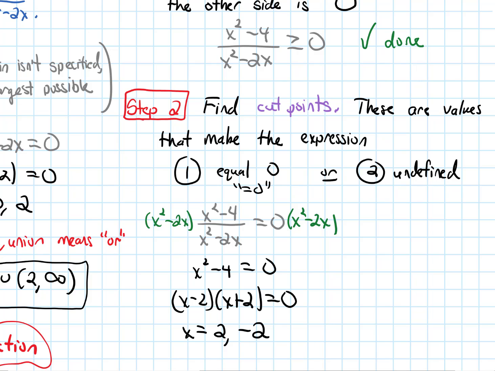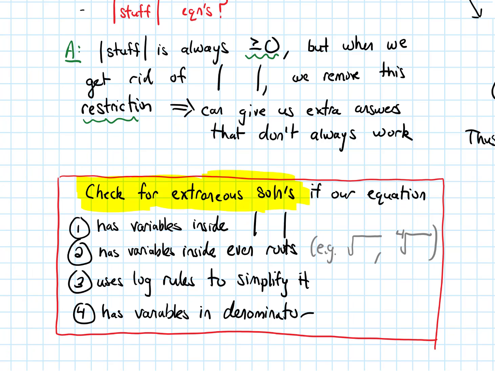But there's one thing I have to be super careful about. Remember when we talked about extraneous solutions, one of the situations where I have to check for extraneous solutions is if we have variables in the denominator. So that was this fourth case here. Check for extraneous solutions if we have variables in the denominator.